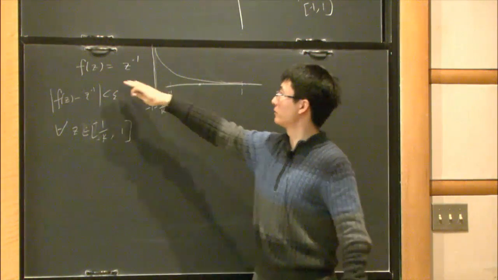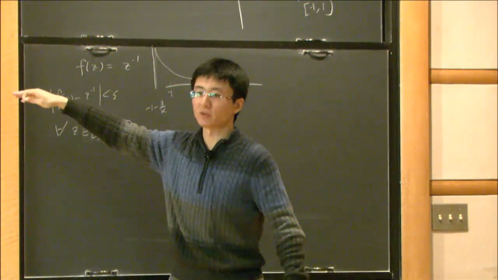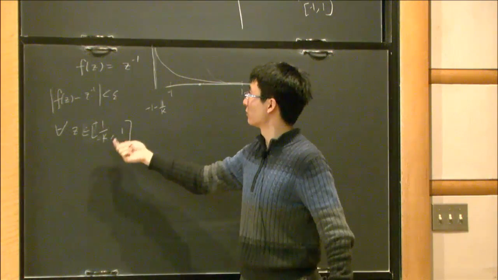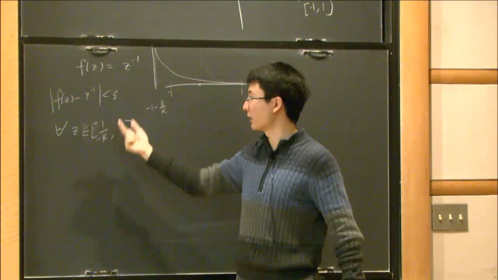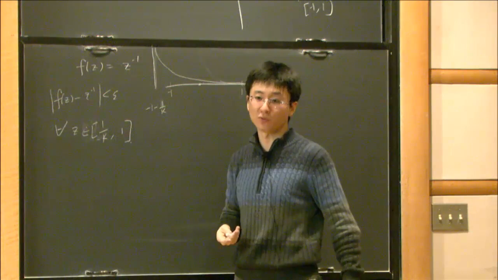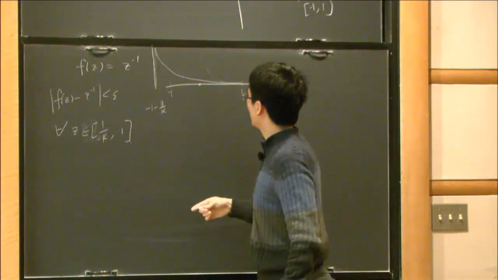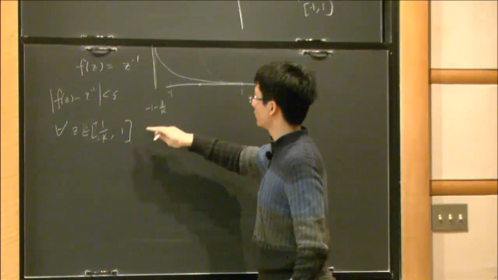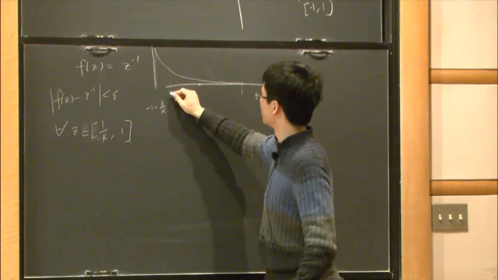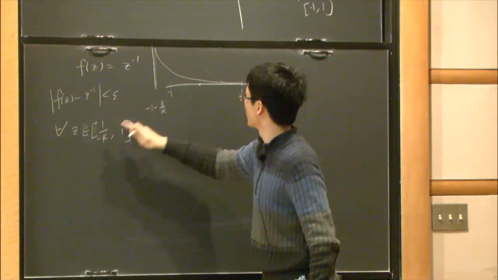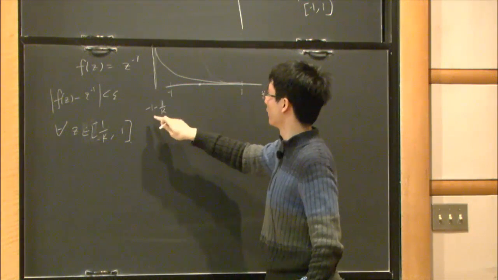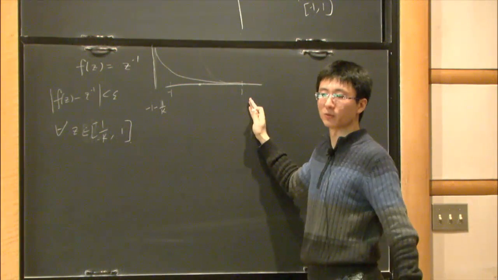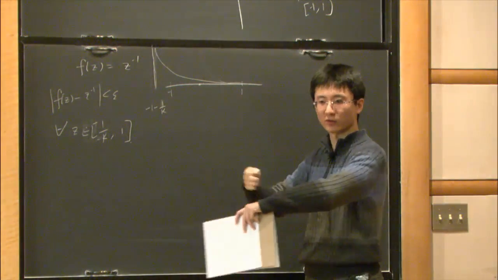So feel free to think about this z being whatever matrix A we want, and suppose that we only care about the eigenvalues, or even the value of the variable, between 1 over kappa and 1. Then we can shift the function a little bit so that 1 over kappa becomes -1, and the 0 becomes essentially -1 minus 1 over kappa, and the 1 remains 1. It's like a linear transformation.